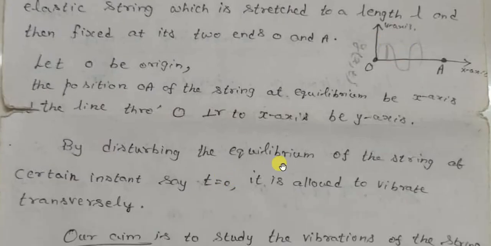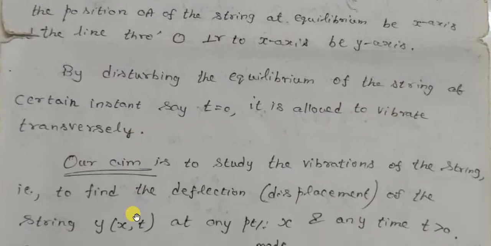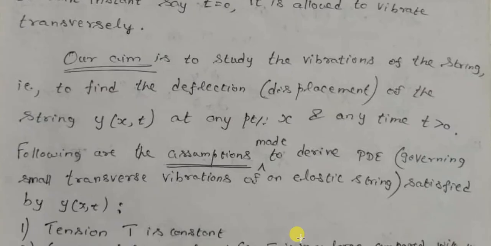By disturbing the equilibrium of the string at a certain instant, it is allowed to vibrate transversely. Our aim is to study the vibration of the string to find the deflection, otherwise called the displacement of the string, denoted as y at x comma t, at any point x and at any time t greater than 0.